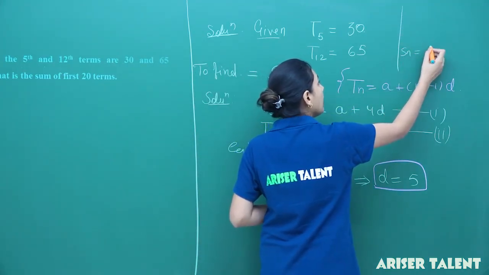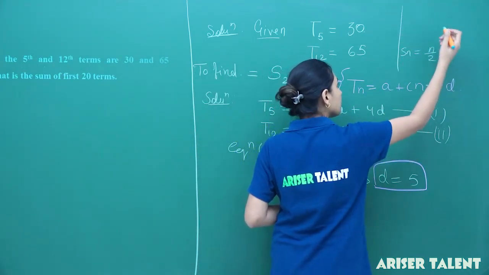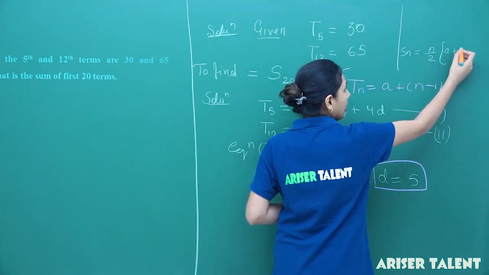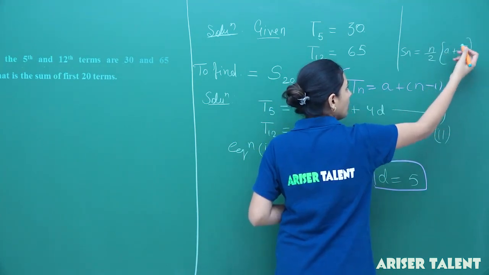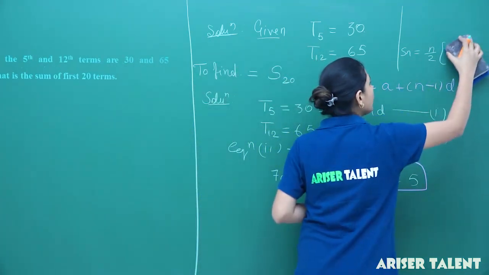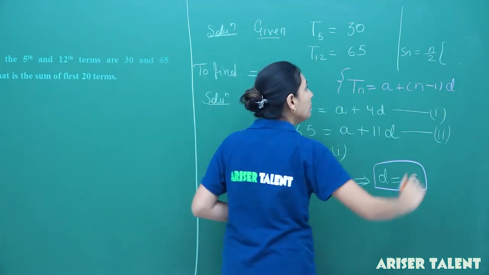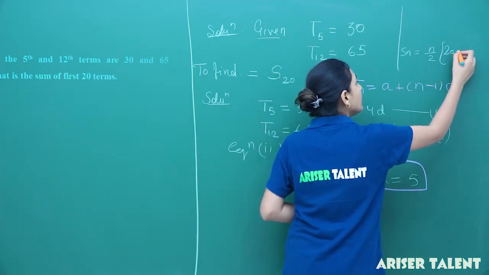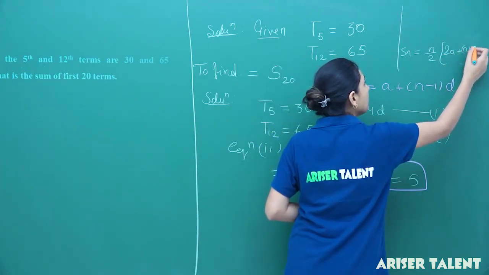Now if I look to my formula Sn, Sn is what? N by 2, A plus Tn I can say. In this case, we are not having Tn. So, can I write the second formula, which is 2A plus n minus 1D?